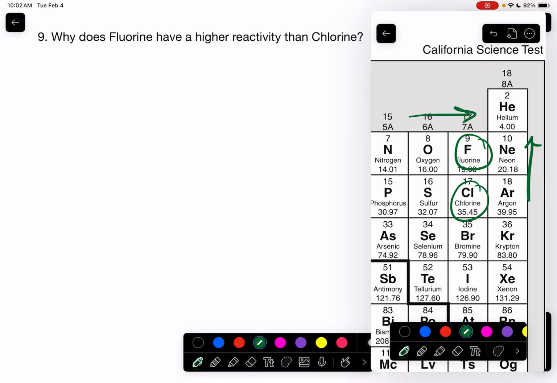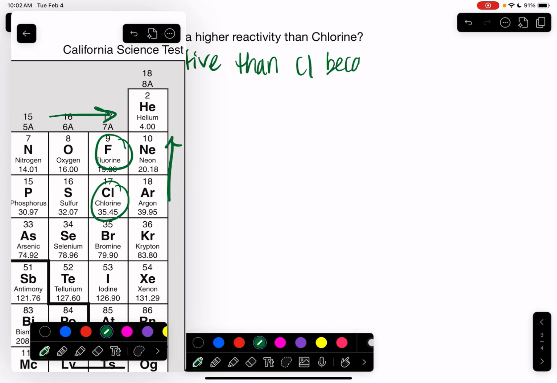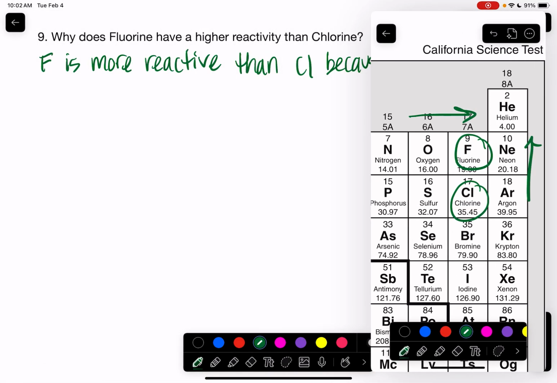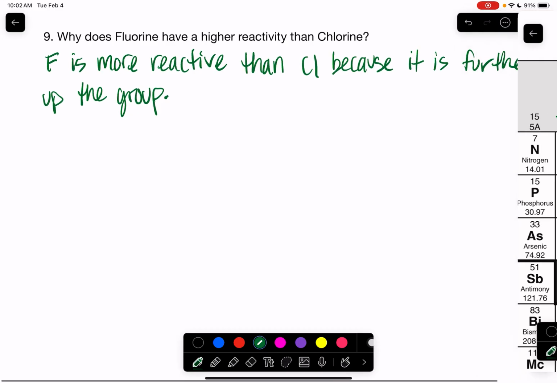So fluorine is more reactive than chlorine, because it is further up the group. Because it follows that non-metal trend. So if it's further up the group, it's going to be more reactive.